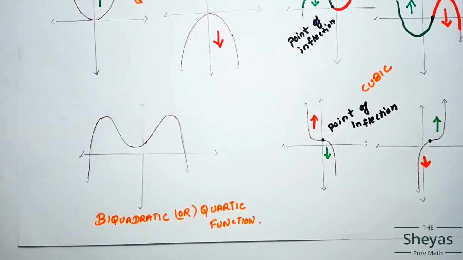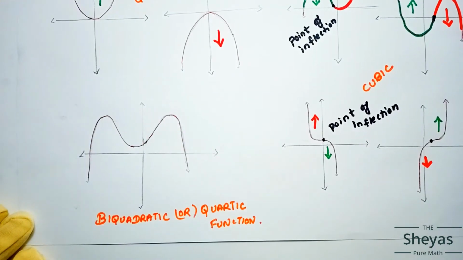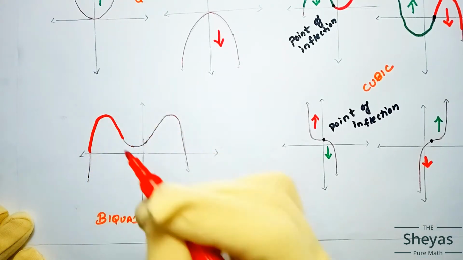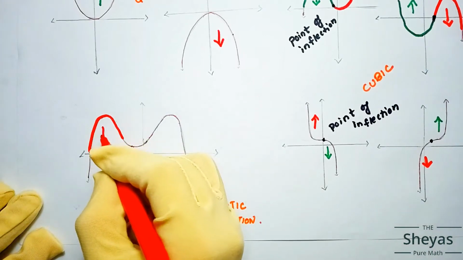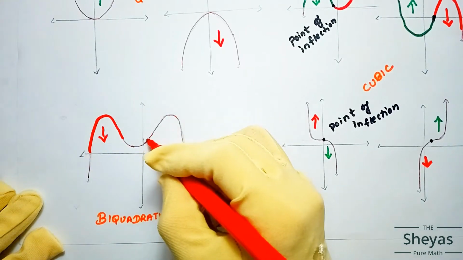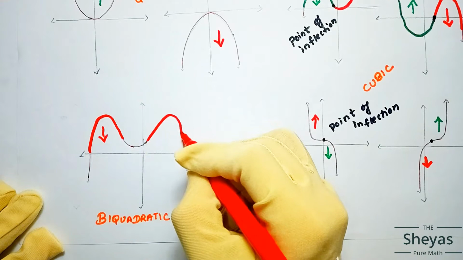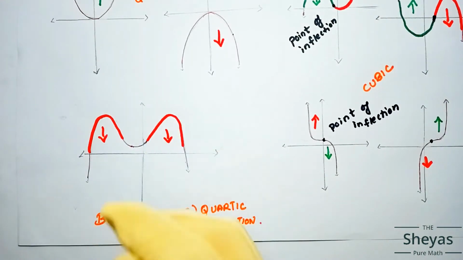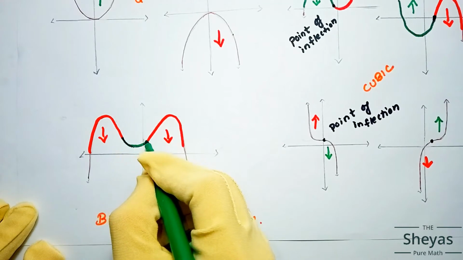Okay, now let us discuss the point of inflection in a biquadratic or quartic function. This biquadratic graph or function can also be called a quartic graph or quartic function. Just see this. So here the concavity is downwards and again this side the concavity is downwards. Here the concavity is upwards.